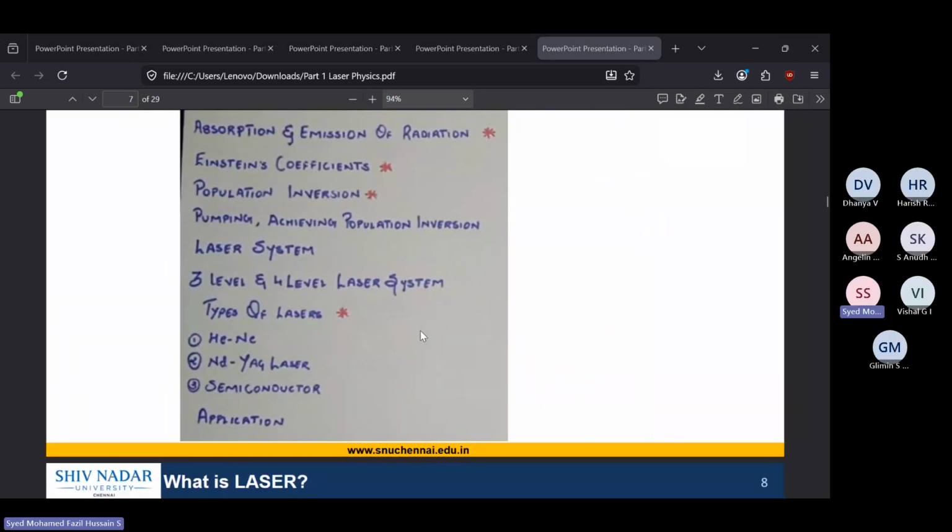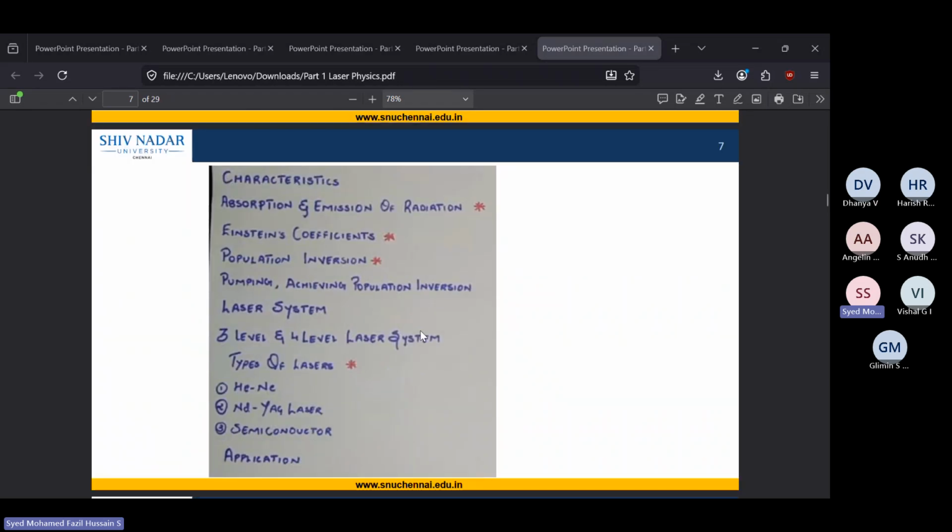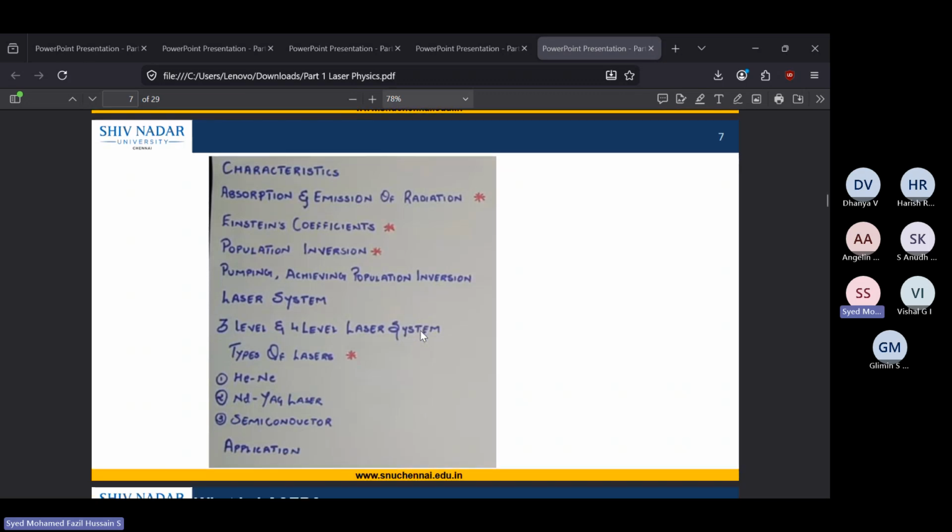First, let's get to know about the characteristics of a laser: absorption and emission of radiation, Einstein coefficients, population inversion. These are very important characteristics of a laser, because population inversion is what helps to create the lasing action.